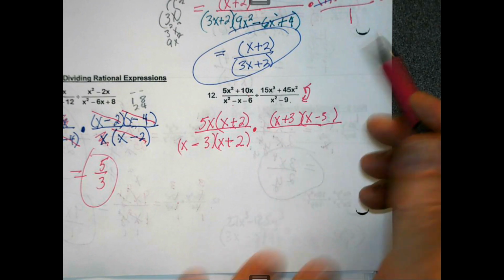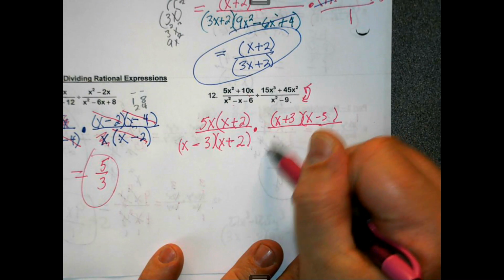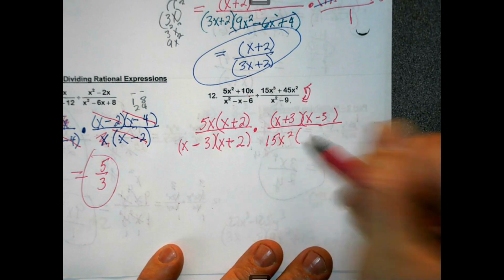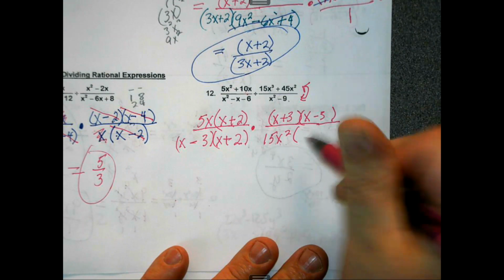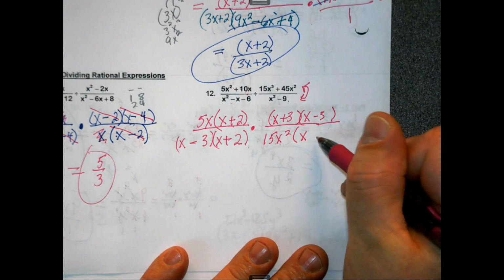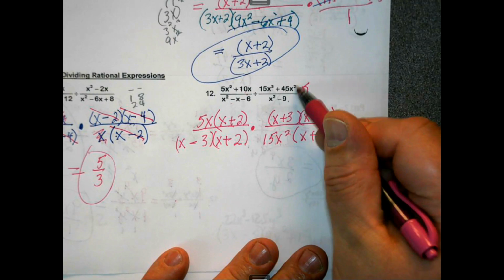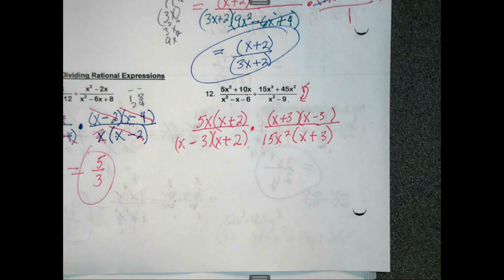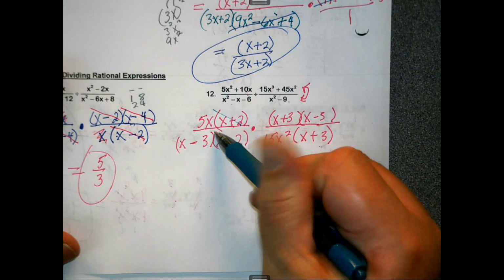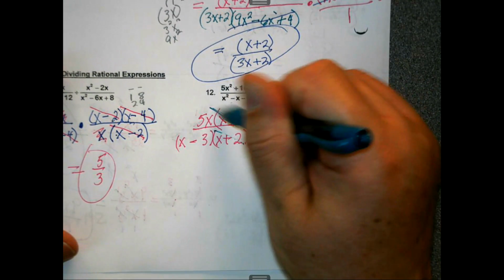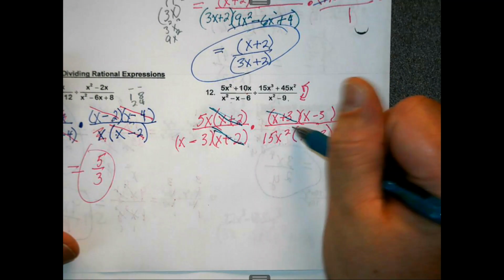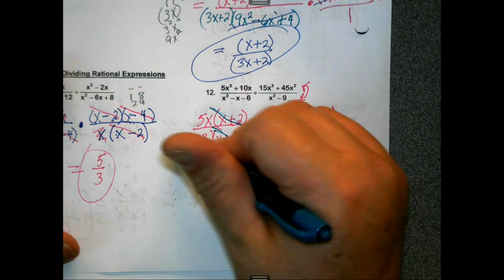Looks like I could just factor out common terms. 15x squared. That leaves me with x to the first plus 45x squared divided by 15x squared is 3. Cancel out. x plus 3's, x minus 3's, right?